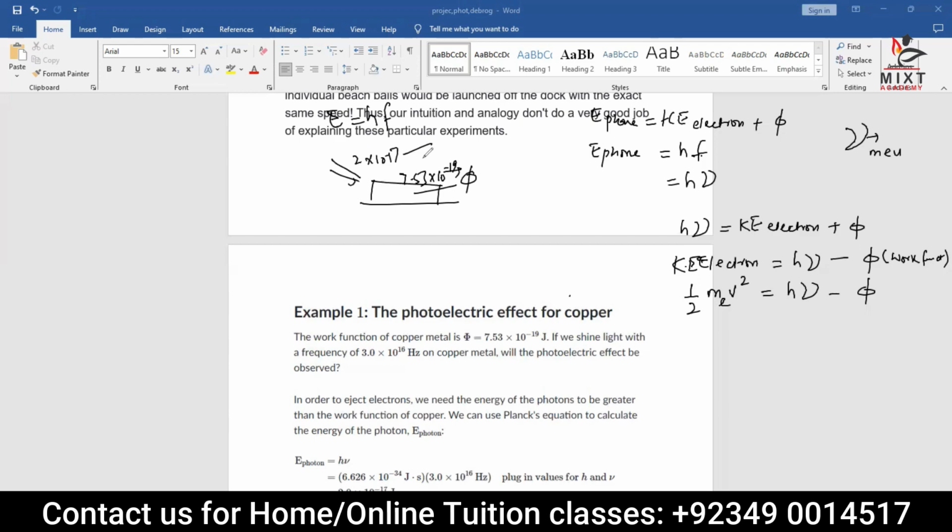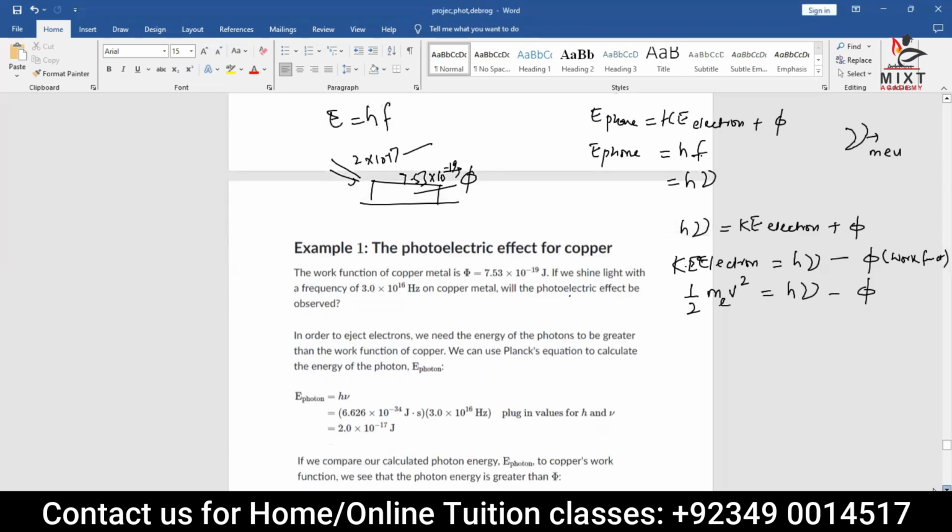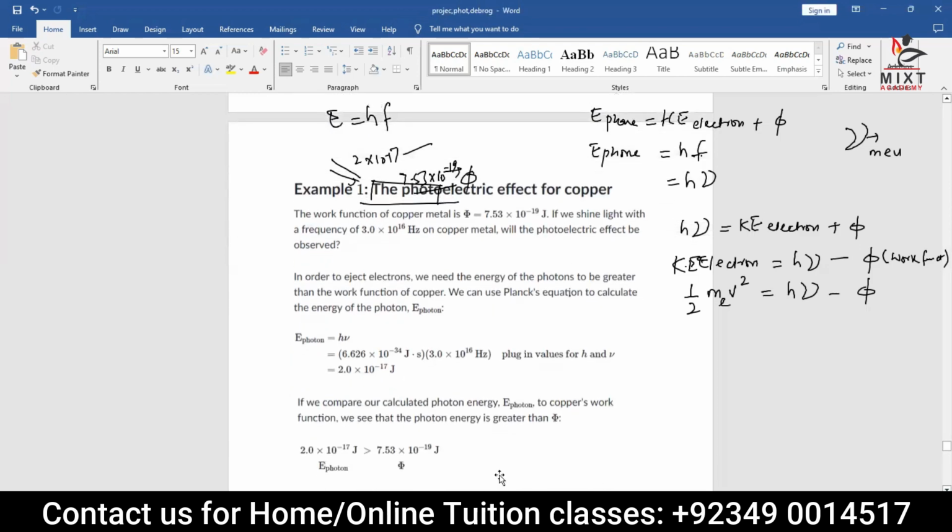You provide more energy, so definitely you can see the photoelectric effect. That's it. So the condition is that E photon must be greater than the work function. Check it out. If E photon is greater than the work function, there will be a photoelectric effect. If it is smaller, then there will be no photoelectric effect.